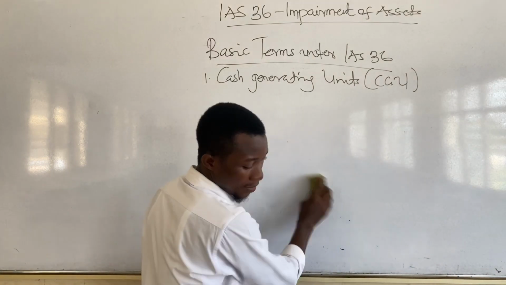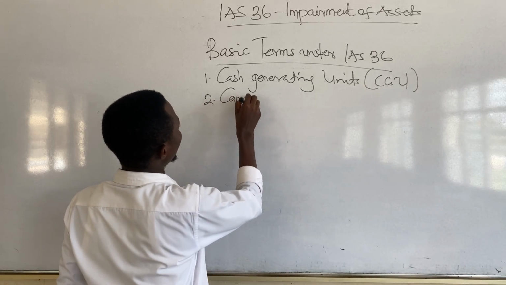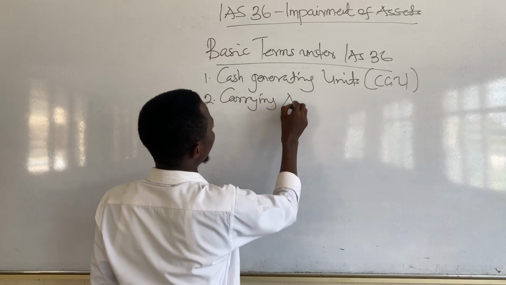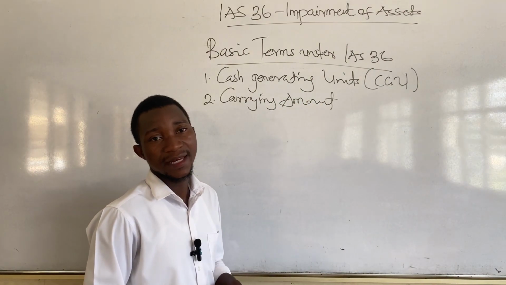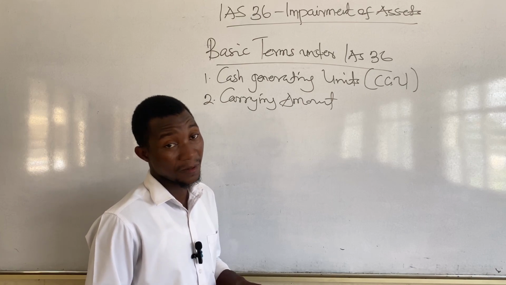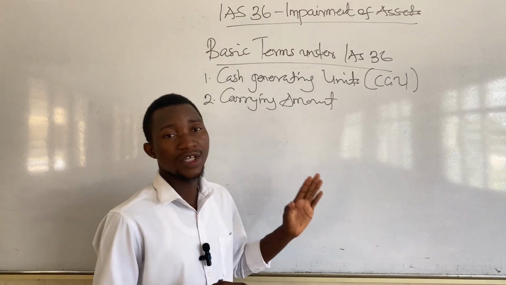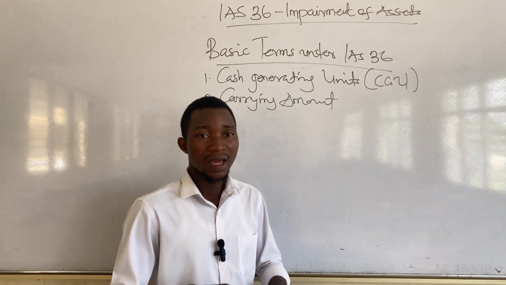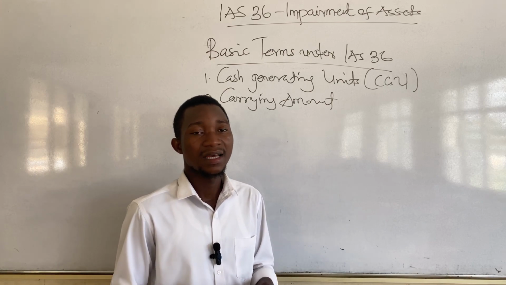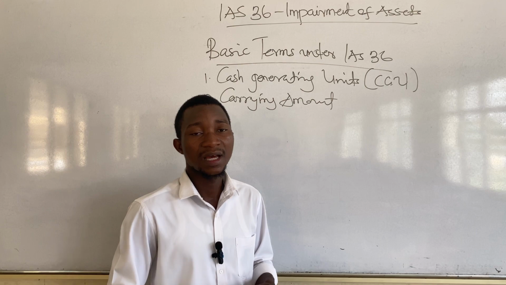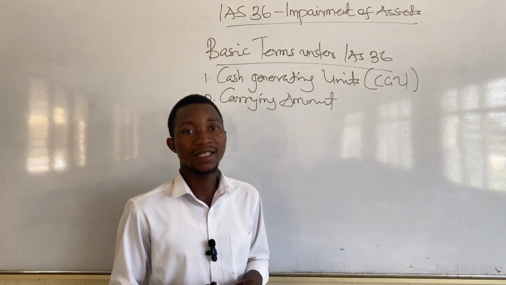So the next item I would like to talk about is carrying amount. Most of these terms I have already explained under IAS 16, property, plant and equipment, so we just need to recap to enhance our understanding. A carrying amount of an asset is the amount at which an asset is recognized in the statement of financial position after deducting accumulated depreciation and any accumulated impairment.